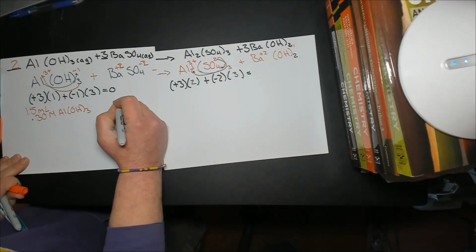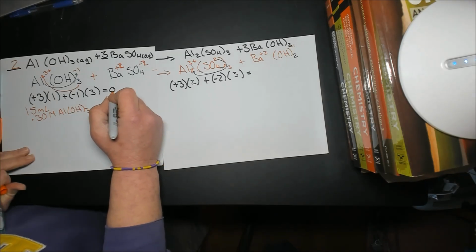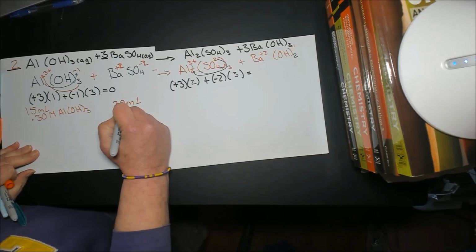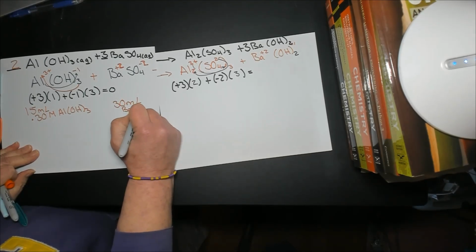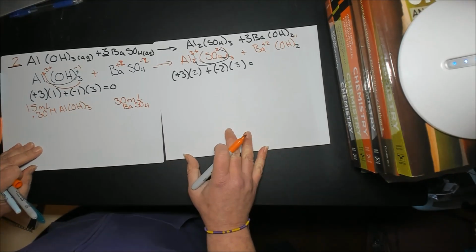It's a mistake I made last time. What did I say? I used 30 milliliters, I believe. Yeah, 30 milliliters of BaSO4. And I don't know the concentration of the BaSO4, and that is my goal.